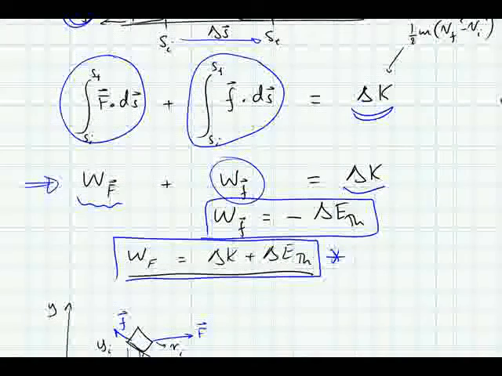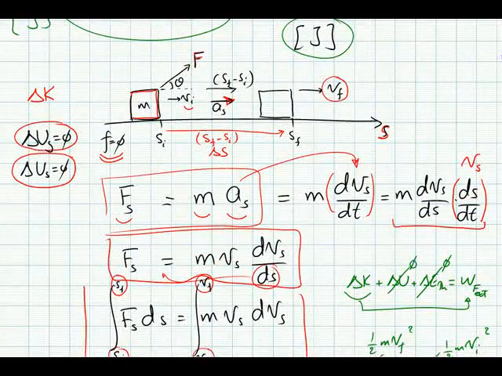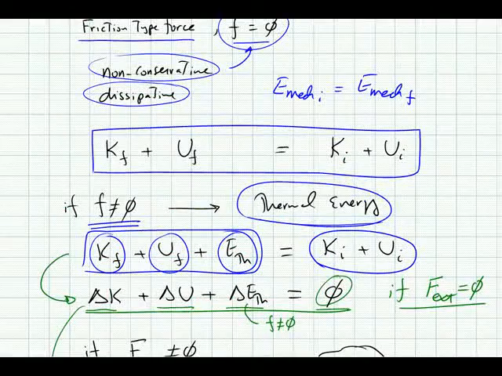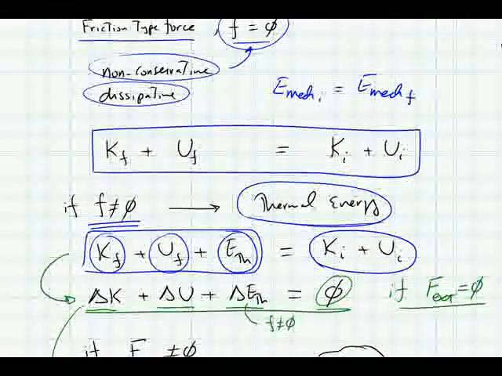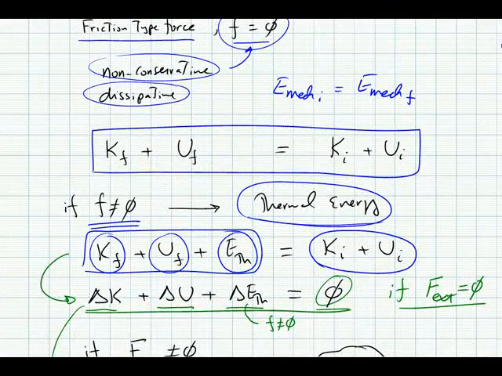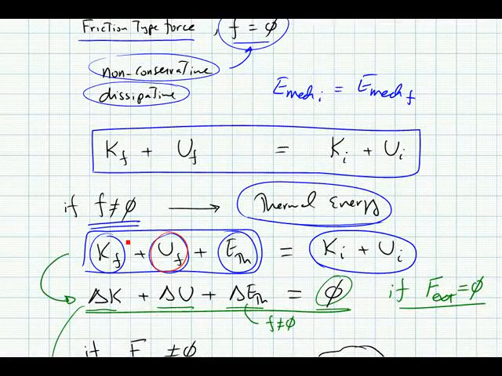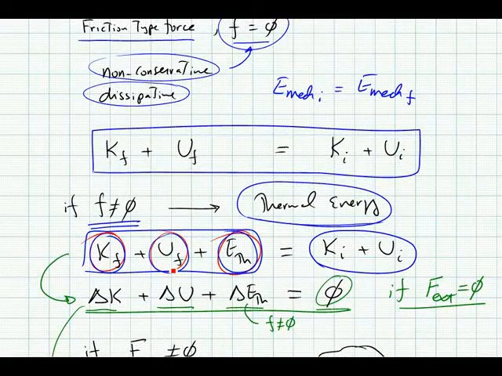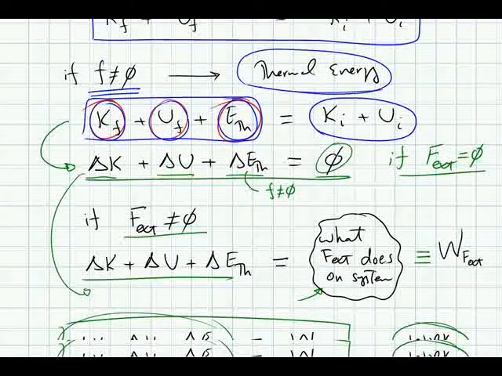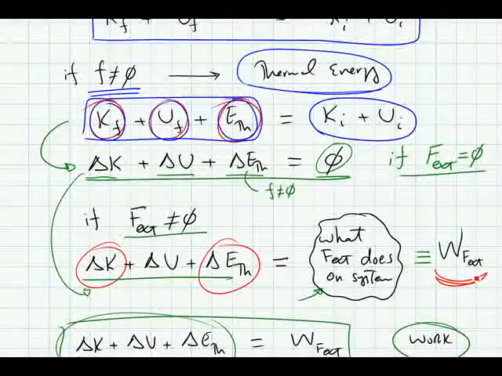If you recall, this is what we started with back here, where, of course, in the example I'm considering, delta U is 0, so change in kinetic energy plus change in thermal energy is equal to the work done by F external.